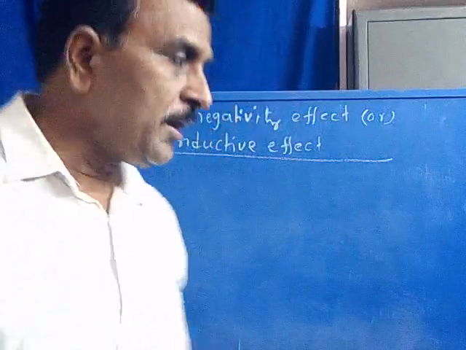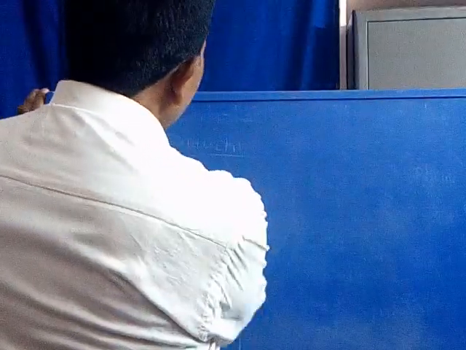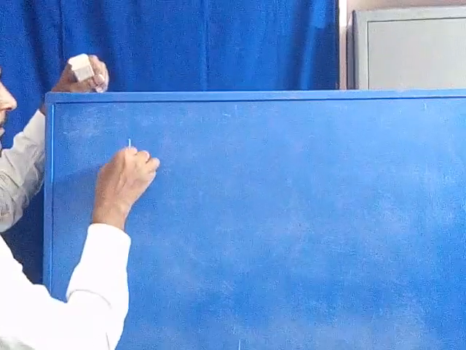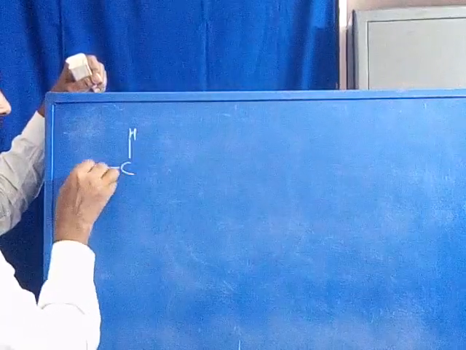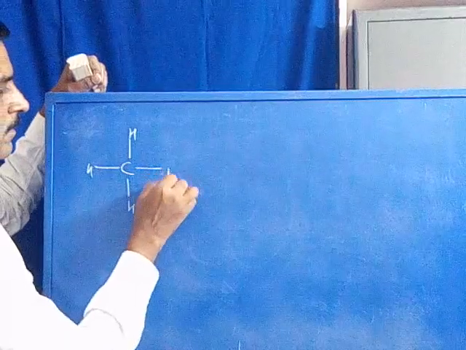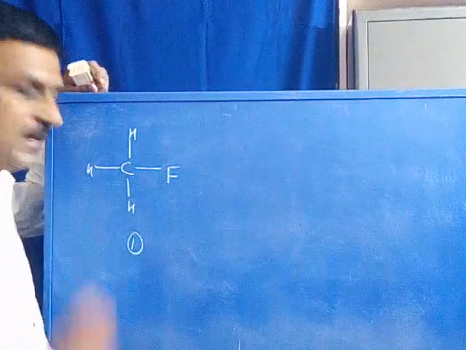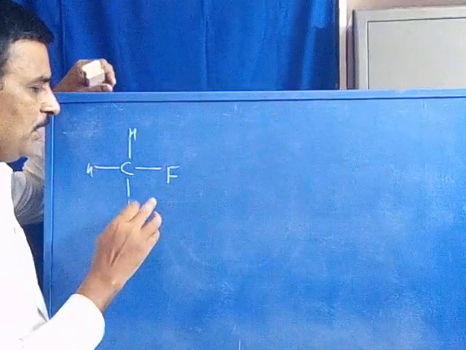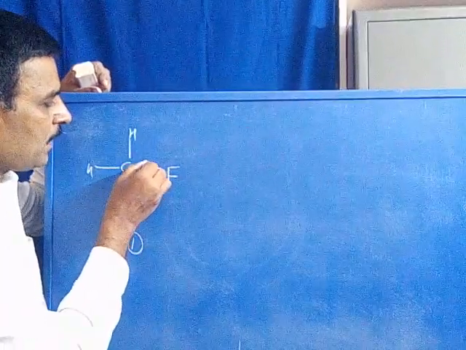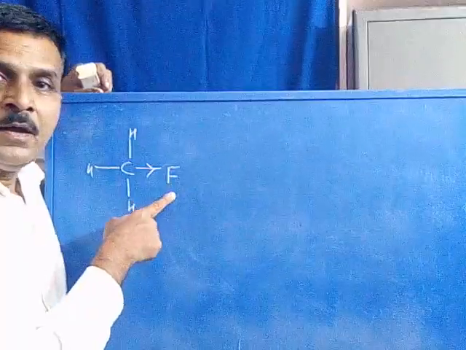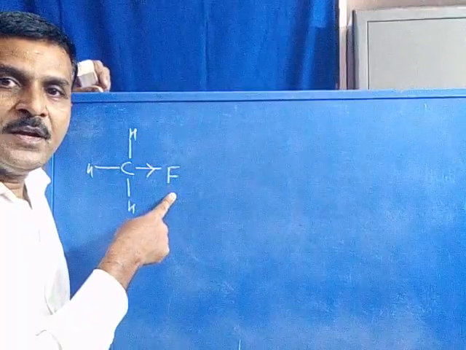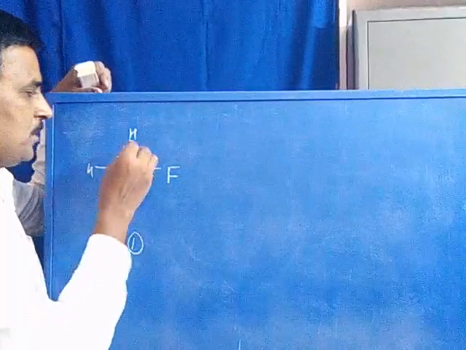For example, take methyl fluoride. Now this is the first orientation, where you can see the electron movement is towards fluorine, as it is more electronegative when compared with all other atoms.